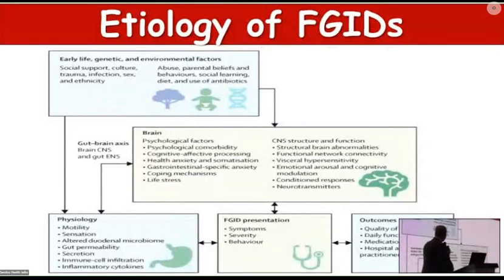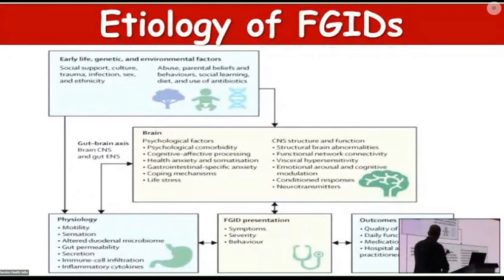At the same time, it may lead to disorders in the functional network connectivity of the brain, visceral hypersensitivity, and effects on neurotransmitters. These factors may also have physiologic effects on the gastrointestinal tract, affecting motility, sensitization, secretions, immune cell function, and inflammatory cytokines.